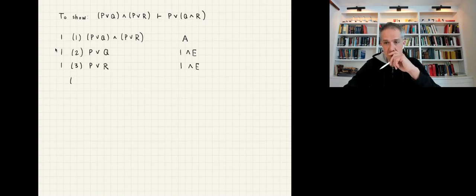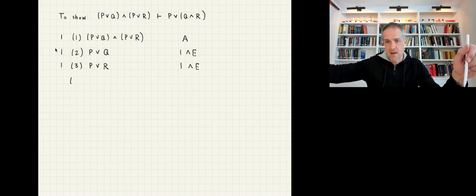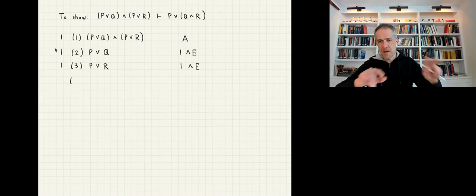From the first disjunction, P could be true. From the second disjunction, P could be true, but also R could be true. So in essence, it's a big argument by cases, four different cases.